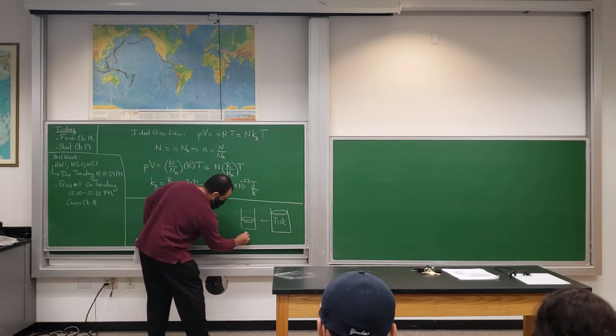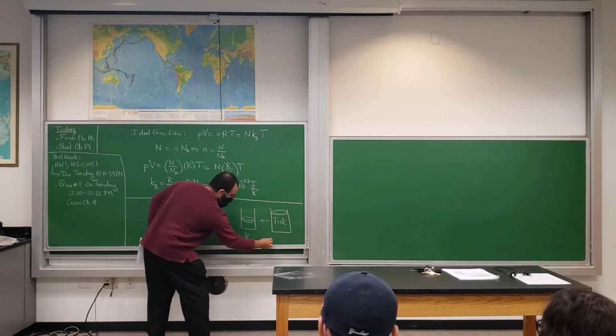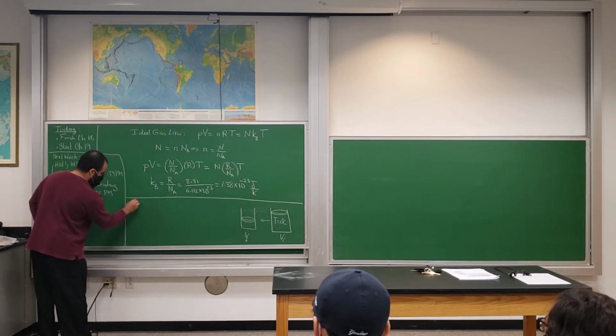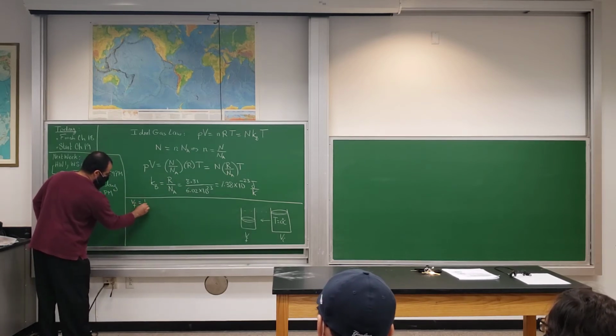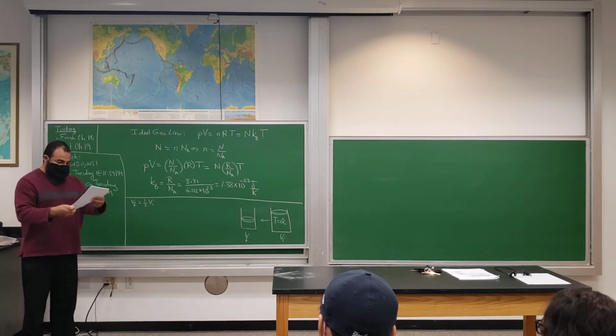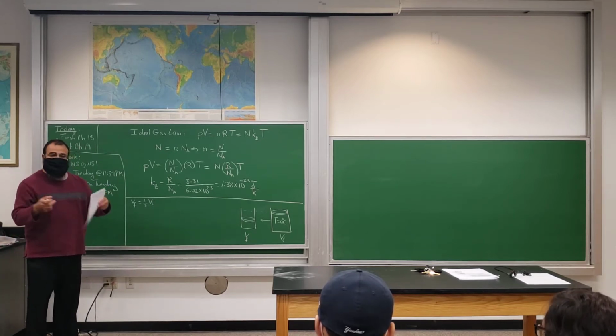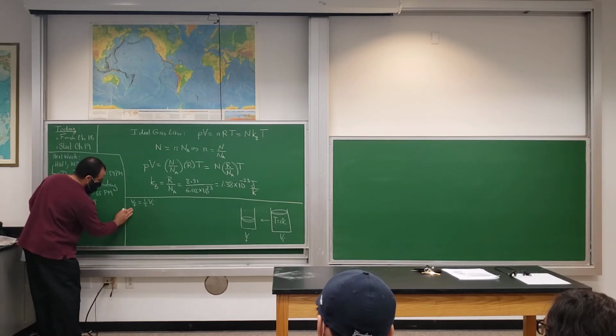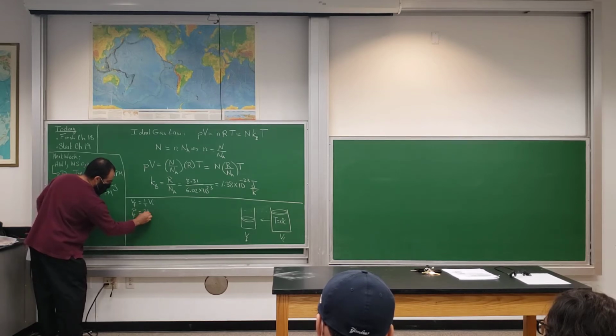So let's call this V final, and this is V initial, and we're told V final is equal to 1/2 of V initial. And they also tell us that the pressure is 3 times what it used to be. So P final is 3 times P initial.